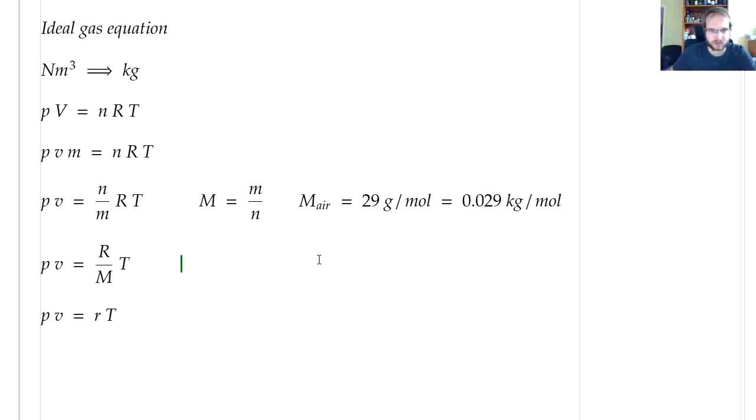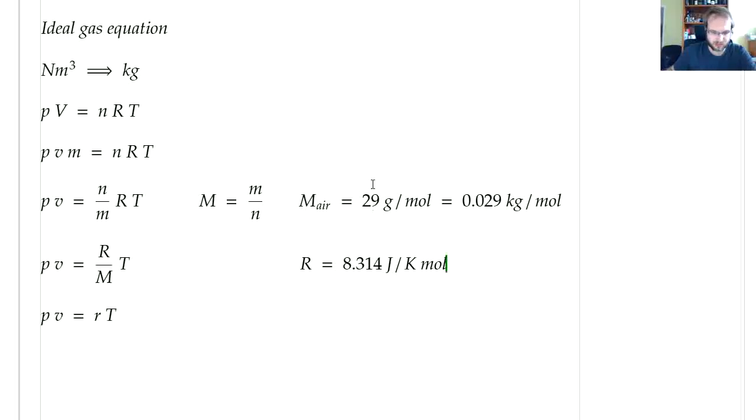Now I will put it in here. The R, the universal gas constant, is 8.314 joules per Kelvin and mole.